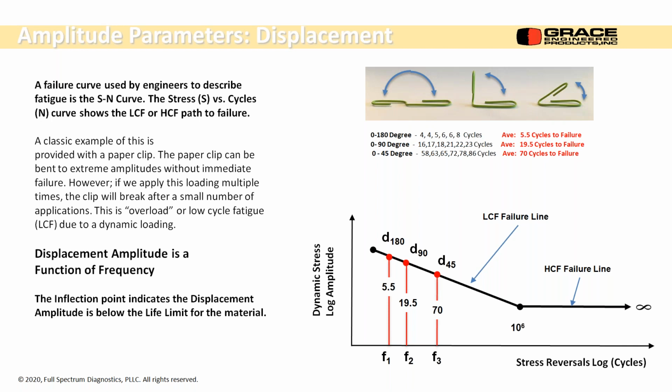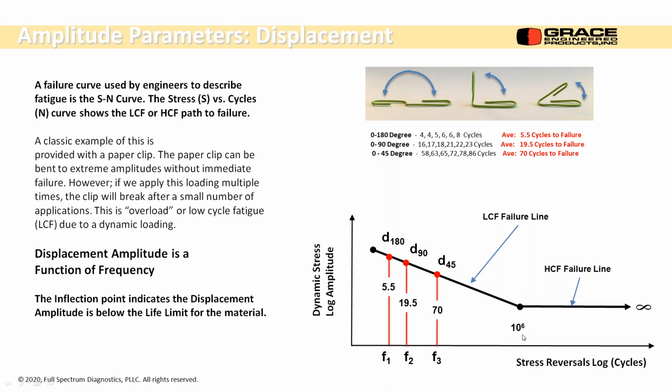He has to tell me what frequency he's talking about, so I can gauge what that amplitude is and what it means. If I have 5 mils of vibration, that's okay here, but it's not here. I'm not going to get 70 cycles out of that. It's limited right there. Okay.